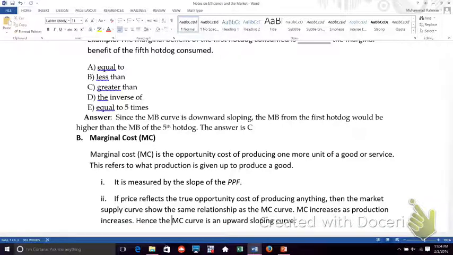The marginal cost concept that is relevant for the efficiency is the opportunity cost of producing one more good or service. It's a very straightforward definition.